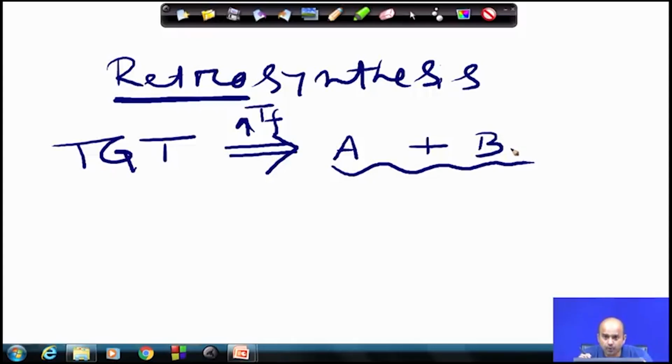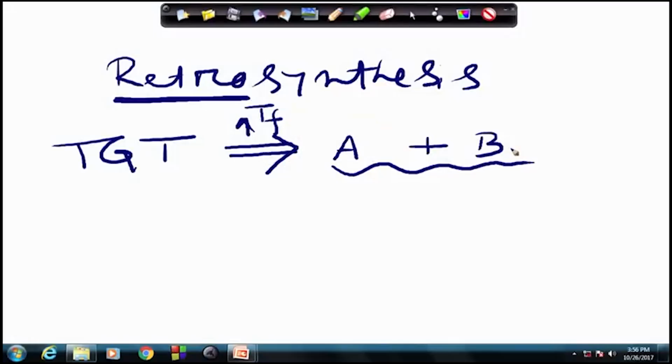It is a programmed, logically driven approach. Just by seeing the structure you can think about the suitable retrosynthetic pathways. We will come to those things a little bit later on.